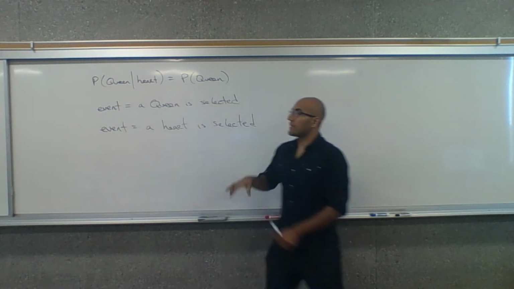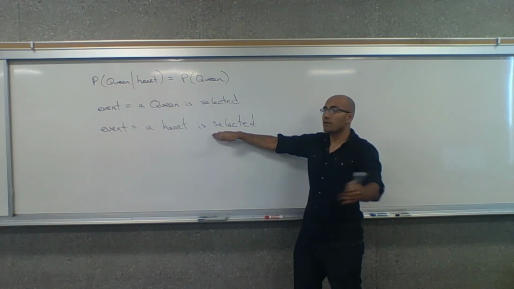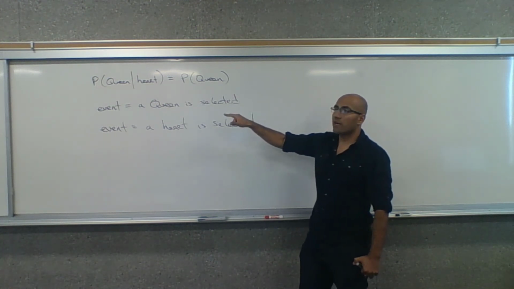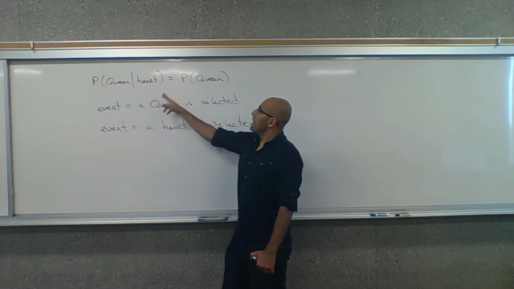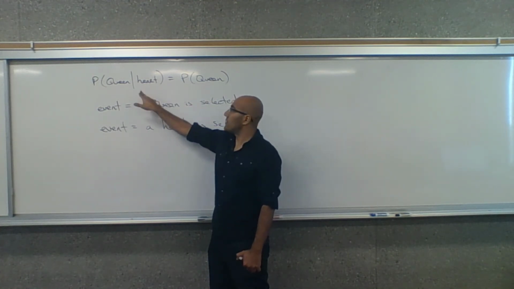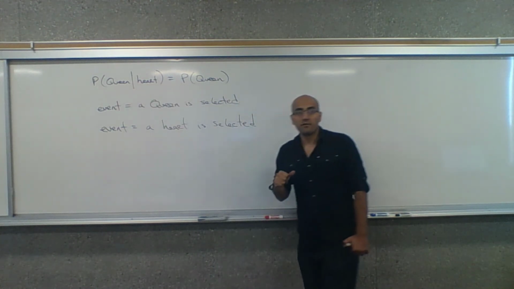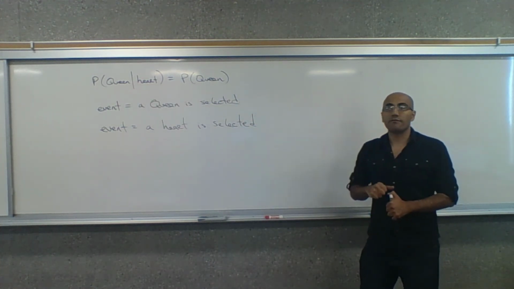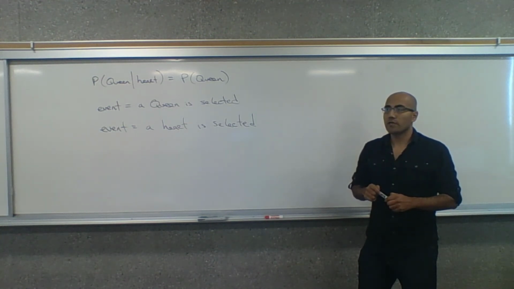We have two events here. Event 1, it's a queen. Event 2, it's a heart. So what we just discovered is that when we're dealing with the event, it's a queen, if we have the additional information that in fact this event happened, it had no effect on it. That's the definition of two things being independent. Good? Questions, comments, issues?